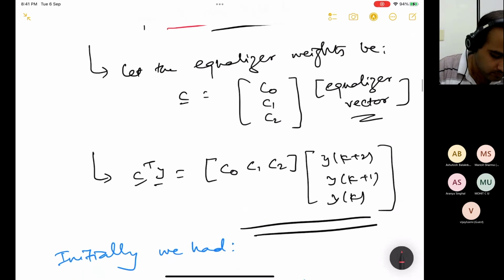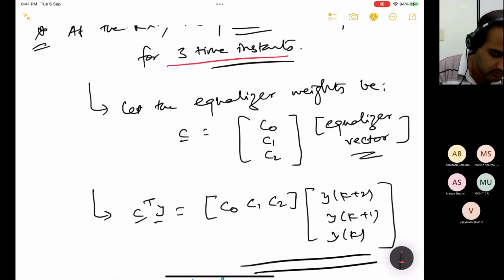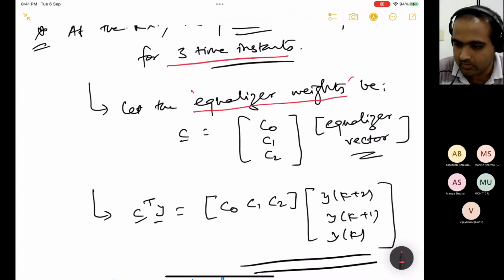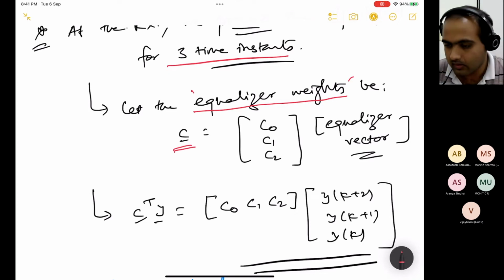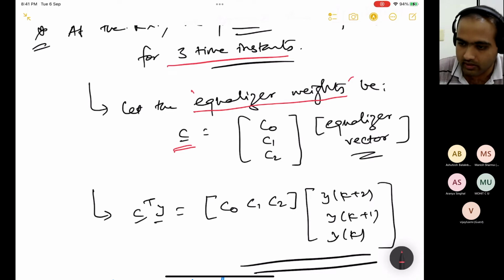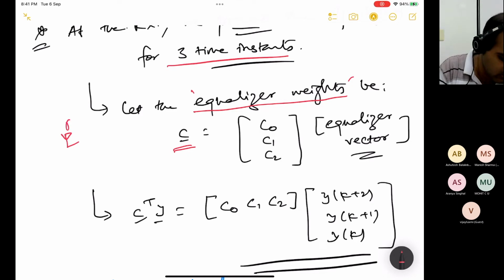So let us consider something called equalizer weights, represented as vector c. Since we considered 3 equalizer taps, for yk plus 2, yk plus 1, and yk, you can assume a vector C. You take yk, yk plus 1, and yk plus 2, and multiply them with c0, c1, and c2.